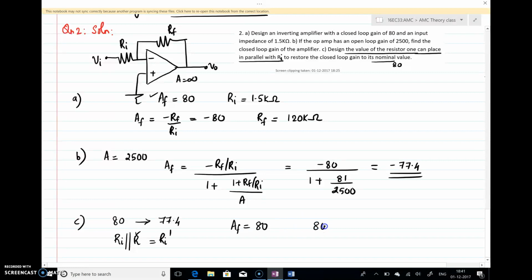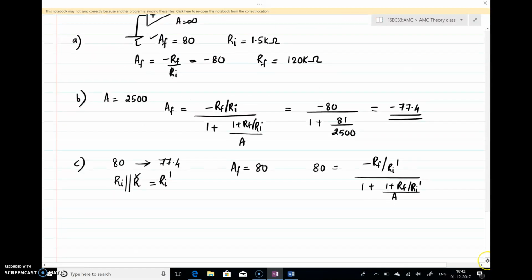So 80 should be equal to minus Rf by Ri dash, the new resistance, divided by 1 plus Rf by Ri dash divided by A.